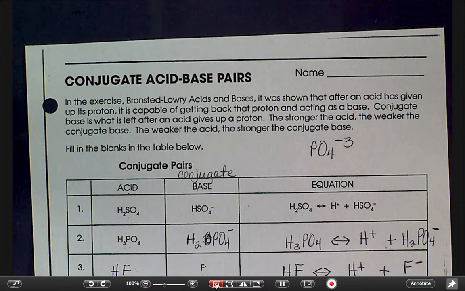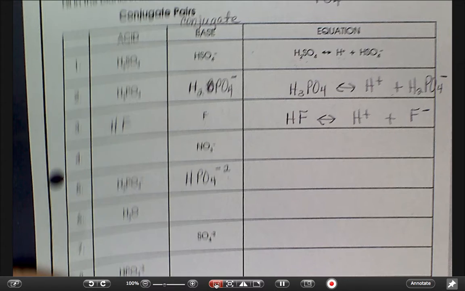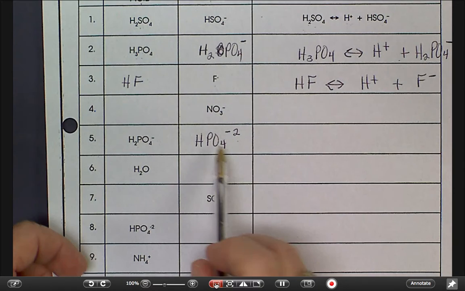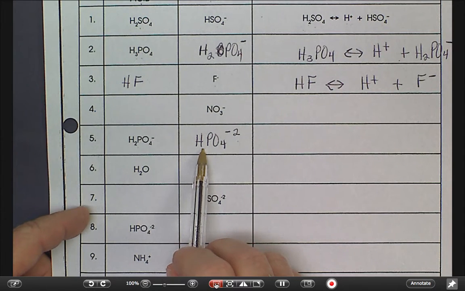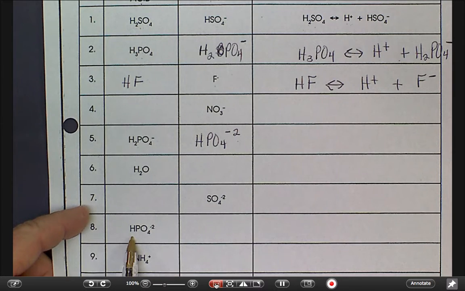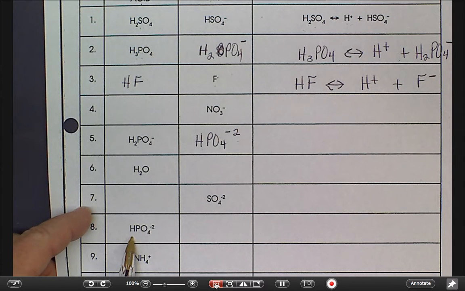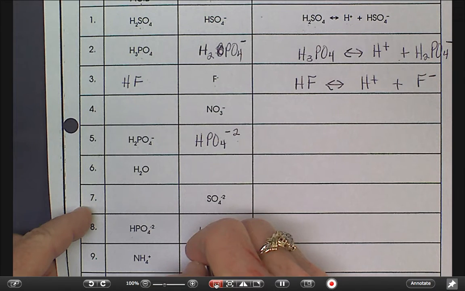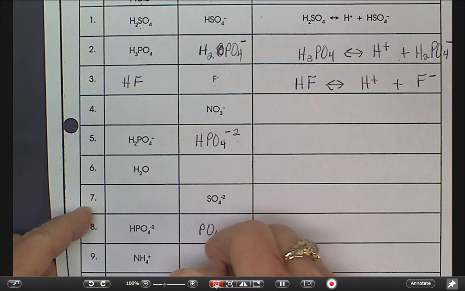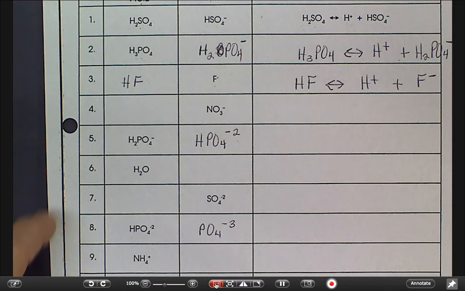Who said that? Thank you. All right. But we're not there yet, are we? No. Look down there at number 8. Do you ever get there? Yes. So when you remove this H, it becomes what? PO4 negative 3. Thank you.